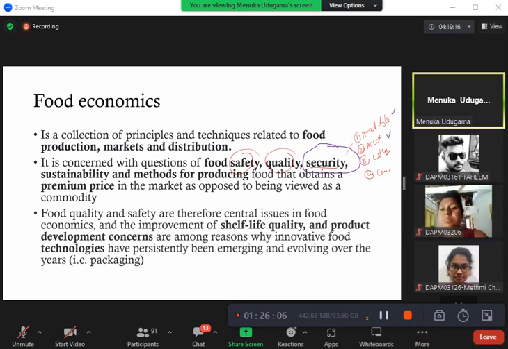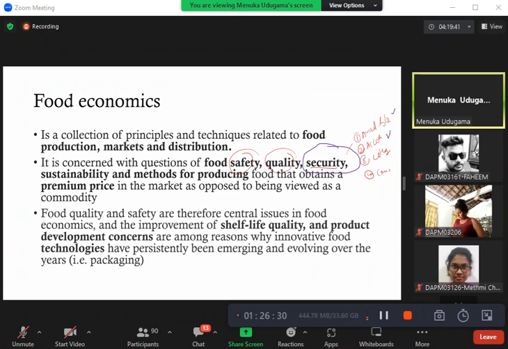If it's priced, you should still be able to access it, right? Now you can remember during the COVID period, there was a huge impact on food security because a lot of food was not available, and even if it was available, you couldn't go and get it. So that affects the food security.